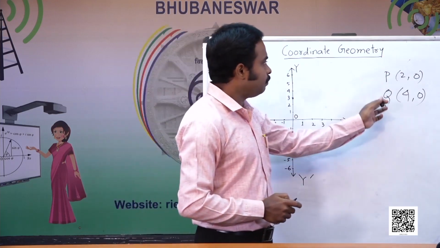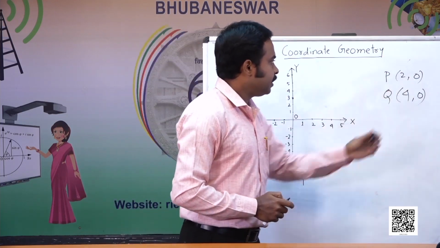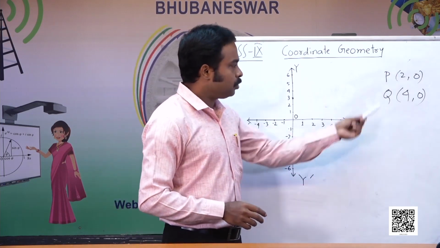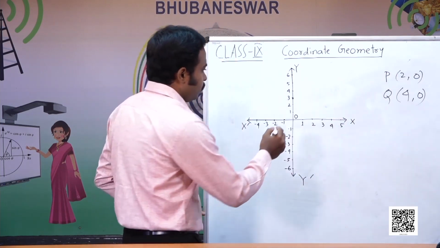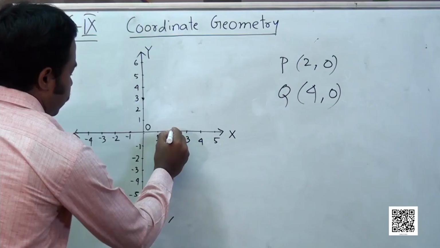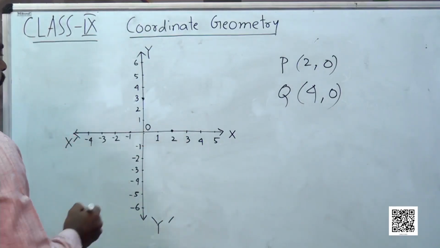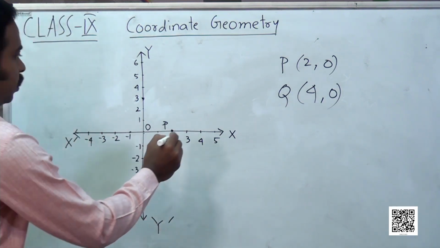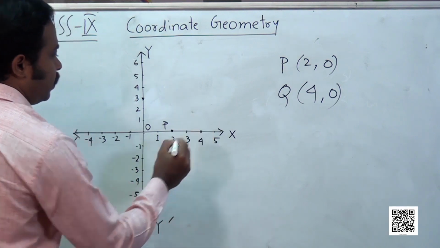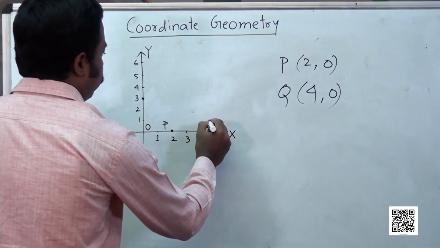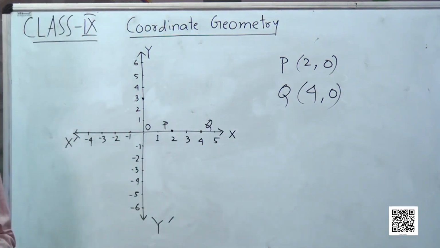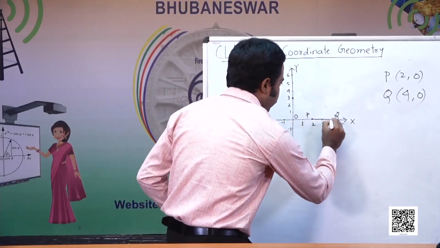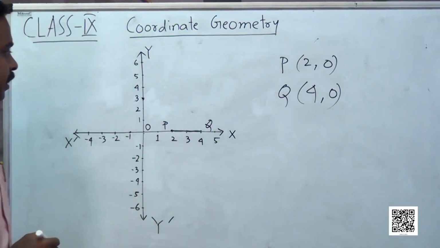These are very simple. Both the points are lying on the x-axis. So we may take this as P, and this is the point (4, 0), we may take Q. Now students, you may say this will be one side of the triangle.